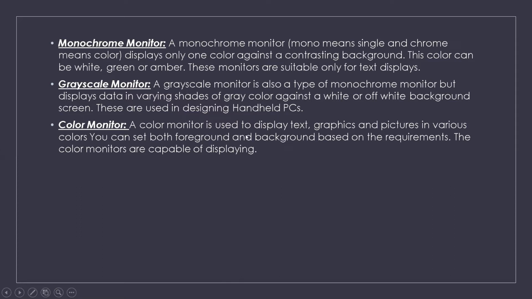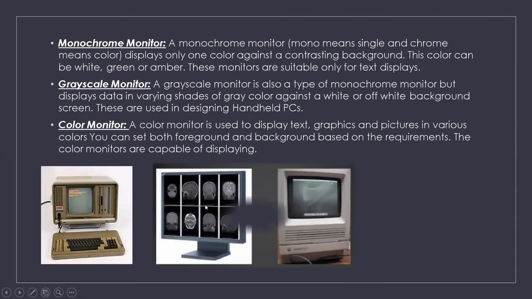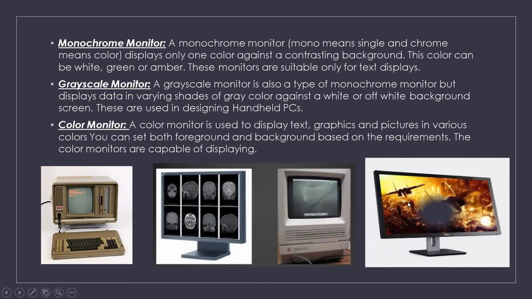The color monitor is used to display text, graphics, and pictures in various colors. You can set both foreground and background based on the requirements. You can see the first one, this is a monochrome monitor. Secondly, this is the grayscale monitor. Then the color monitor.